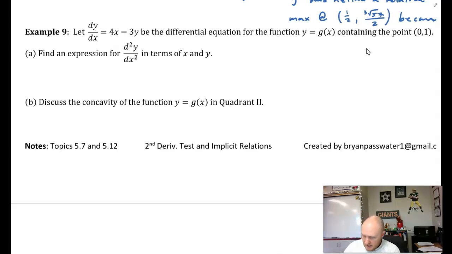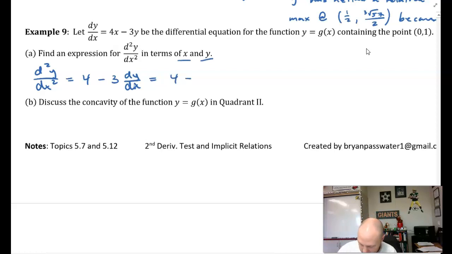So what I want to go ahead and do is implicitly differentiate this. So the second derivative of y with respect to x squared is equal to 4 minus 3 dy dx. They want it in terms of x and y, so I'm just going to substitute back what dy dx is.